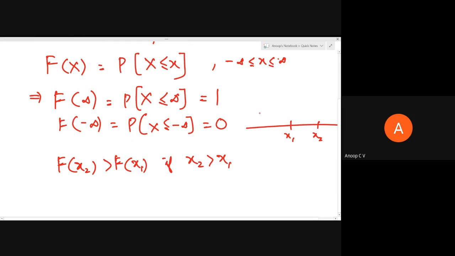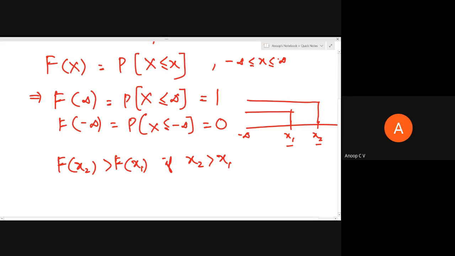F of x1 is the probability that the random variable takes a value from minus infinity to x1, and similarly F of x2 is the probability that it takes a value from minus infinity to x2. So of course the probability of the random variable being less than or equal to x2 will be greater than that of x1.